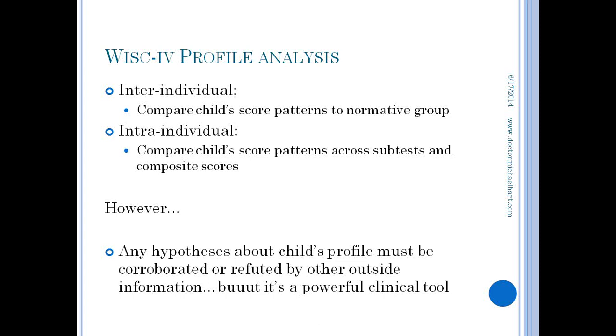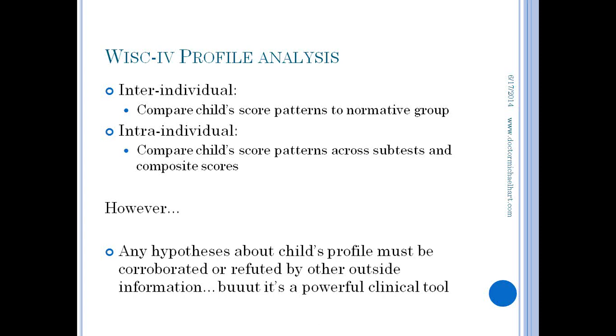Now, we can also, and from a clinical perspective this is also super important, do it intra-individually, so that we're comparing your patterns across subtests and composite scores, so that it's all about your particular profile. And we can begin to take a look at strengths and weaknesses. That will again inform our thinking with regard to how we're going to approach intervention.